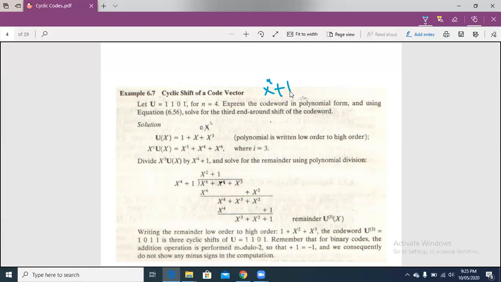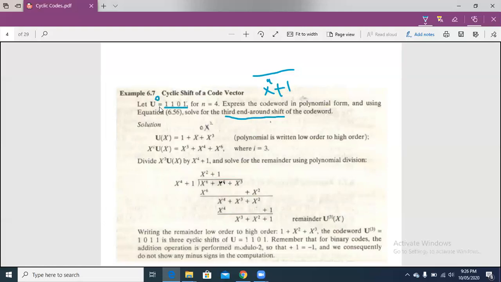So we divide it by the polynomial x4 plus 1, and what will be the shifted versions of the code word? At the maximum we generate the first, second, and third shifts, and the zeroth code word has order 0.